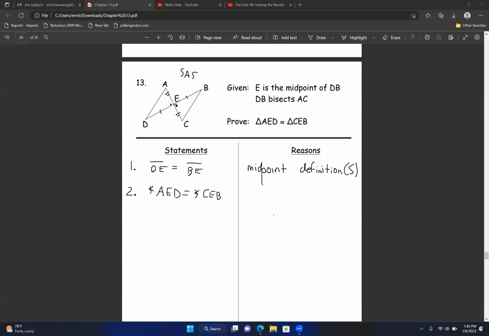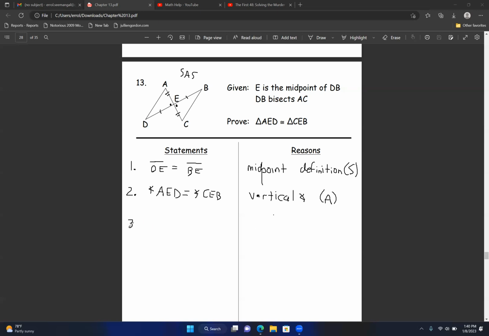Why does this equal this? Vertical angles, or opposite angles. Vertical angles. There's your A.